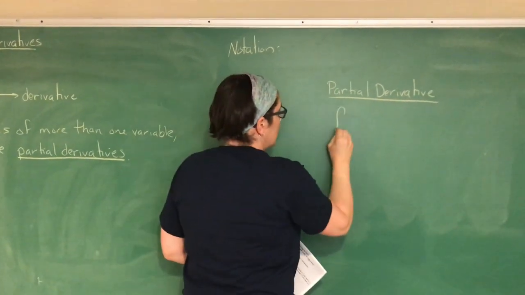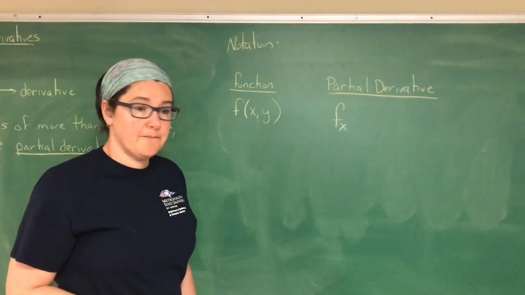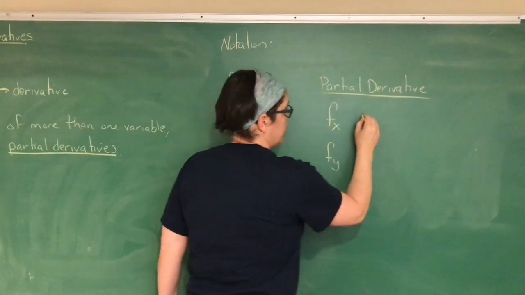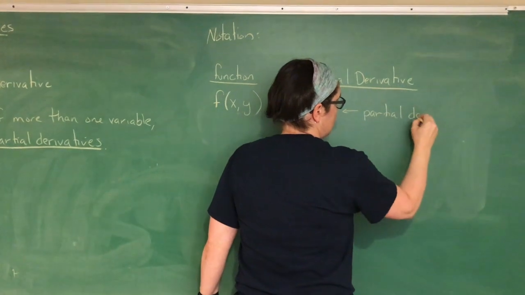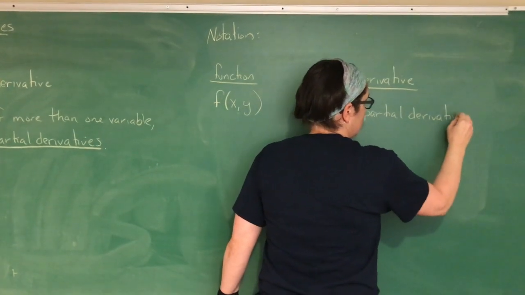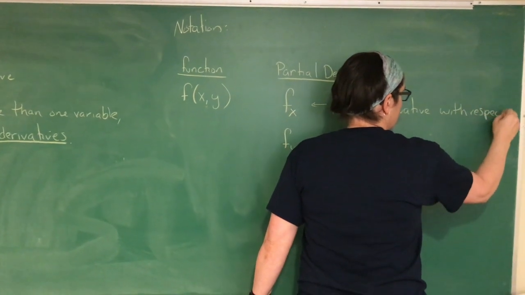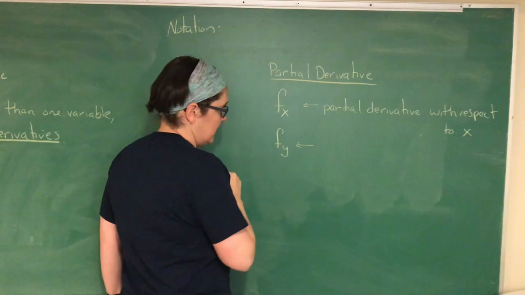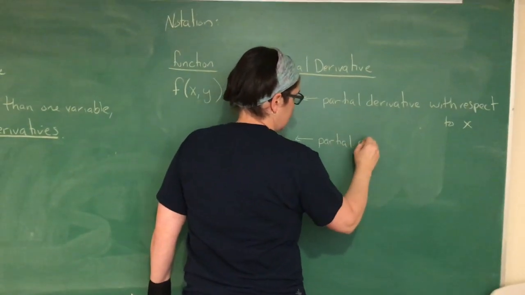So we have a partial derivative with respect to x, written f with a subscript x, and f with a subscript y is our partial derivative with respect to y.